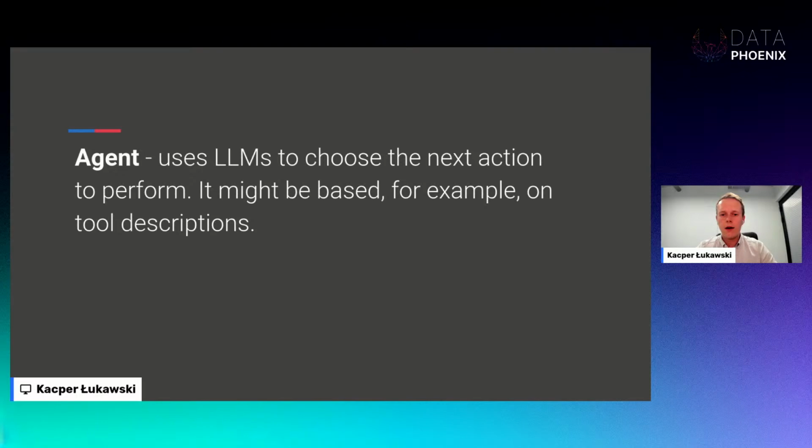So probably Google search will be used as some sort of fallback if none of the other tools is chosen as the preferred one. But this is where the intelligence of those systems comes from, because they are able to analyze a given prompt and choose the proper action based on this prompt, and choose a proper tool to handle that.